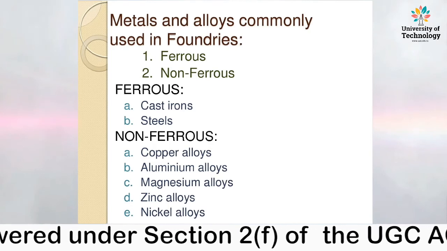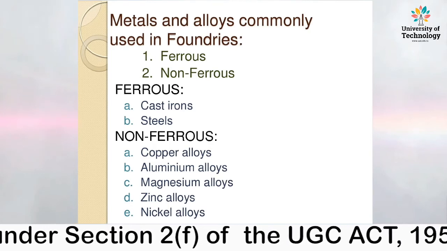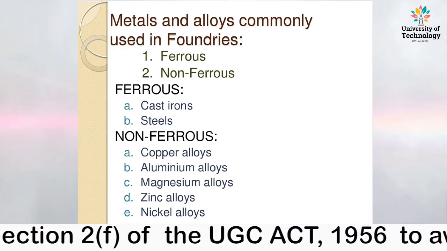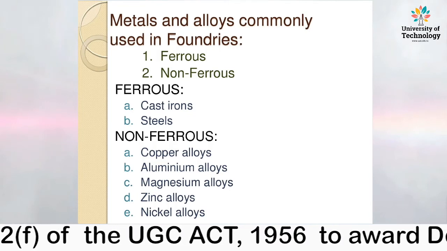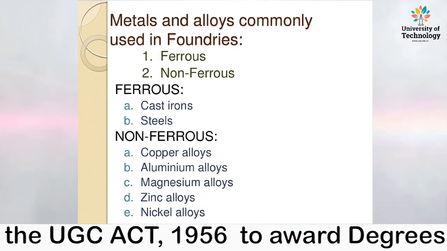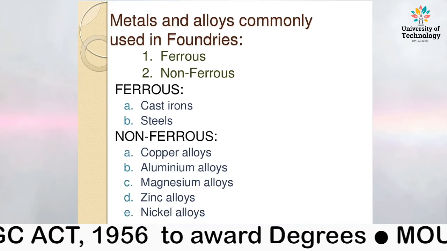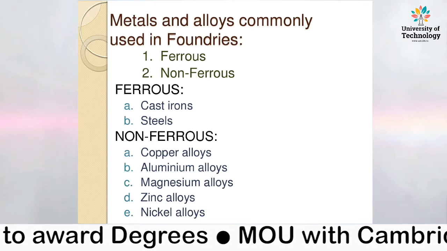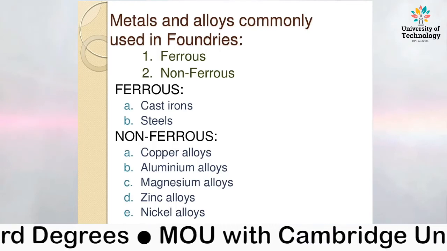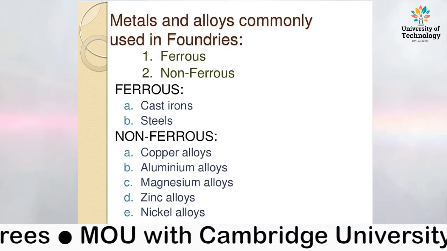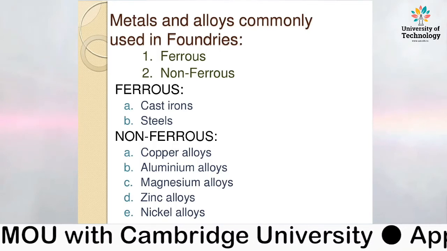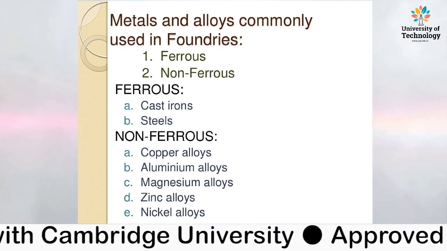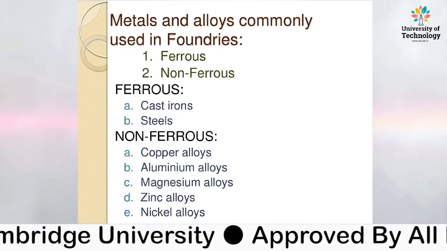Ferrous ones include cast irons or steel used for casting. Non-ferrous materials include copper alloys, aluminum alloys, magnesium alloys, zinc alloys, nickel alloys, etc. These are all the metals and alloys commonly used in the casting process.